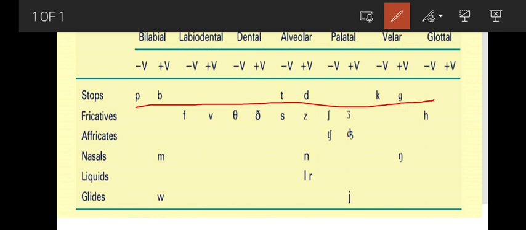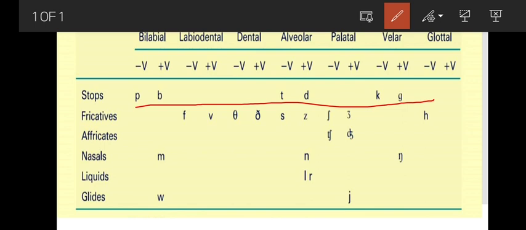If you try to say p, b, t, d, k, g, you will feel a kind of stop. The air stream is briefly stopped and suddenly released. This kind of sound is called a stop or plosive sound.